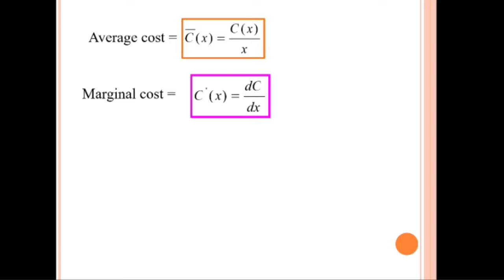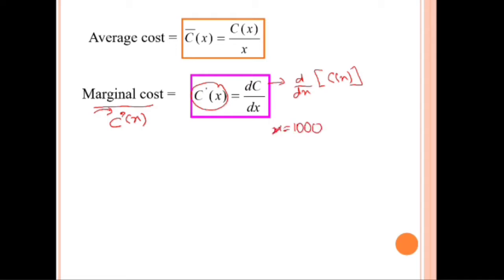Next, marginal cost. The formula is given as C prime (x) equals dC over dx. So this is just differentiating the total cost function. Marginal cost is always written as C prime (x), which refers to the derivative of the total cost function. What is marginal cost?